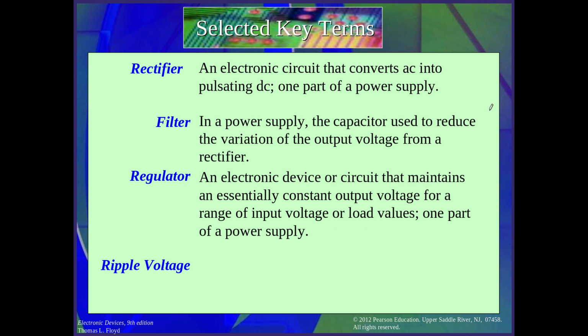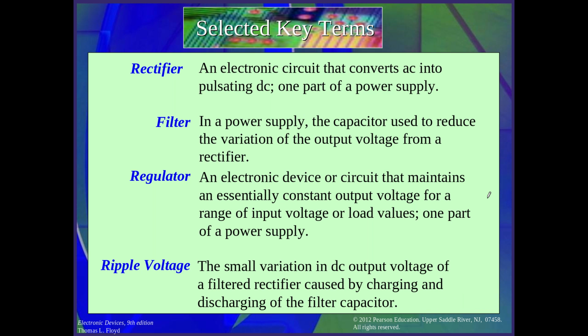A regulator circuit maintains an essentially constant output for a range of input voltage. So if you have a range of input voltage, it gives you a constant output whatever the input. We didn't cover what is inside the regulator today, but this is to inform you about all the circuits in the power supply.